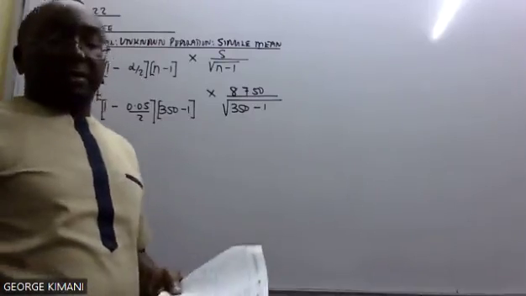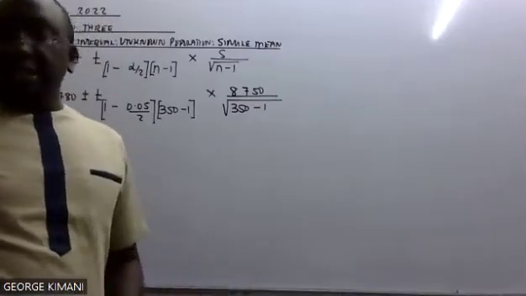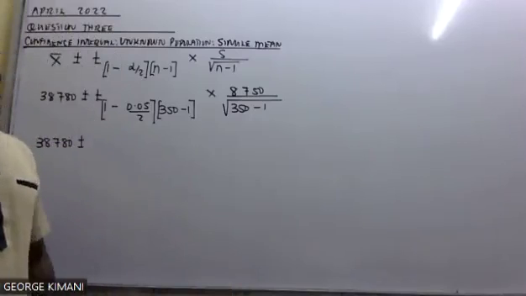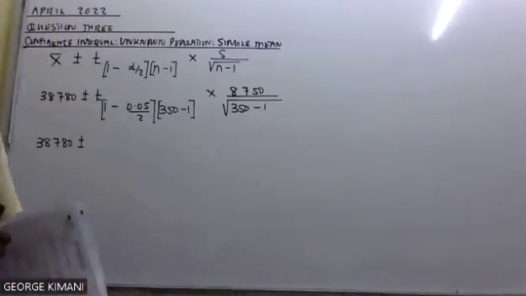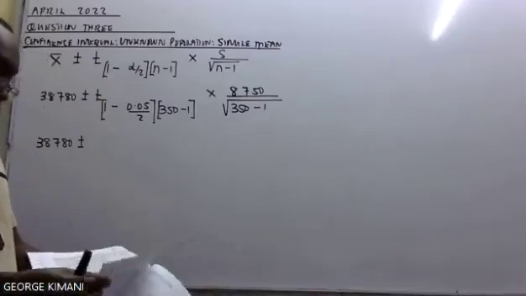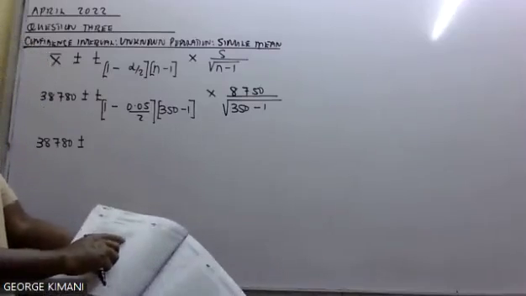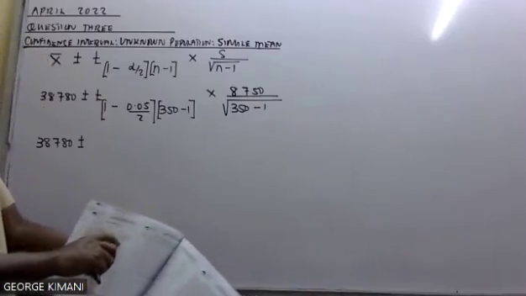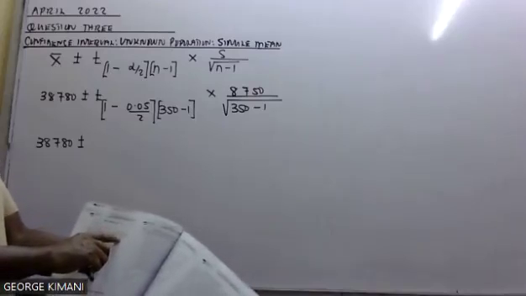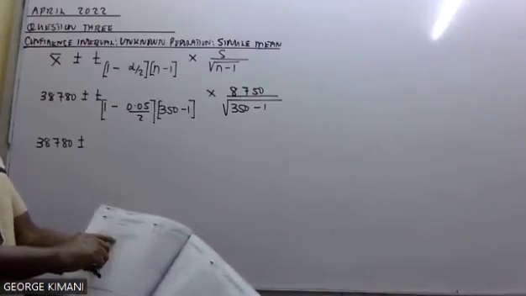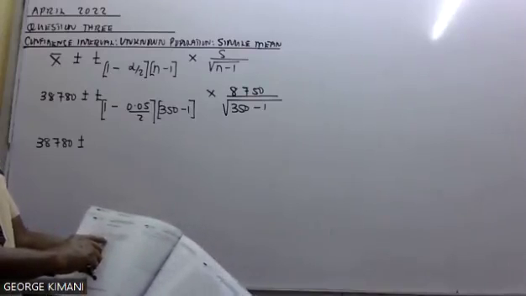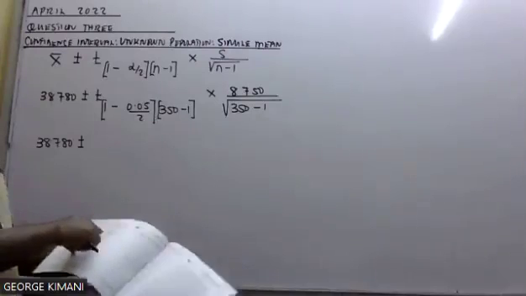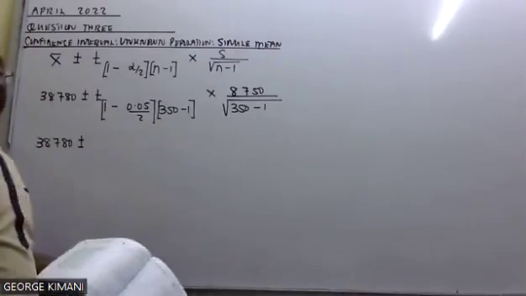Now take your papers. You go to the T tables. And when you go to the T tables, you remember we normally say on this side, you go to where you can see two-tail confidence. And then you move towards the left-hand side, where you have 95%. Then you go downwards to this one, 349.